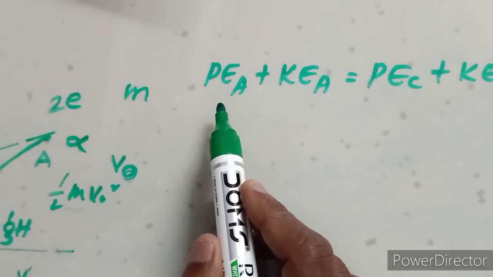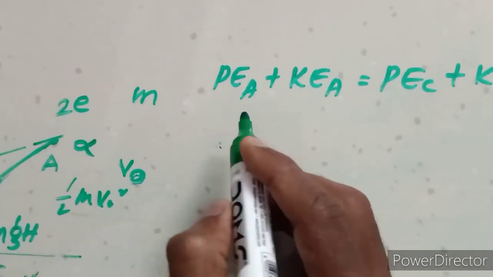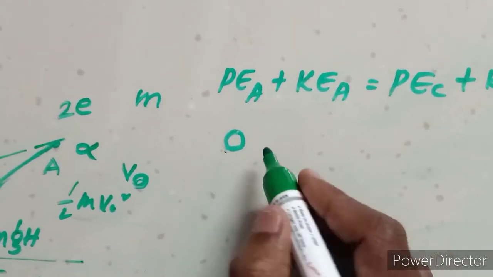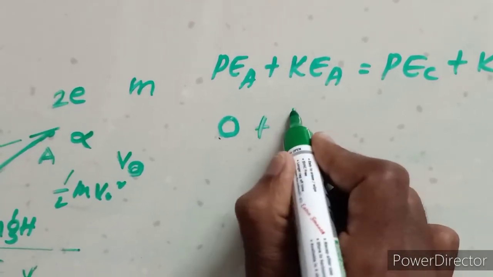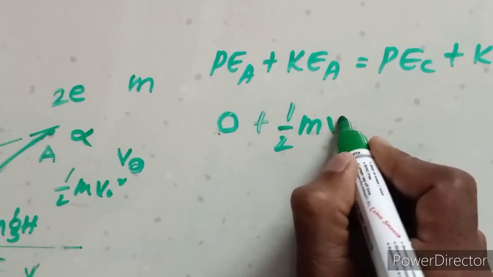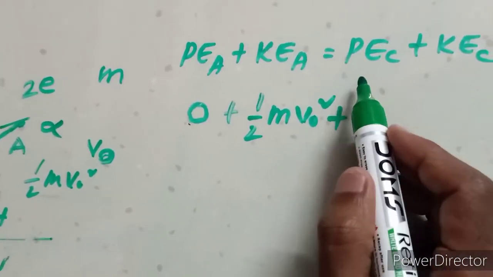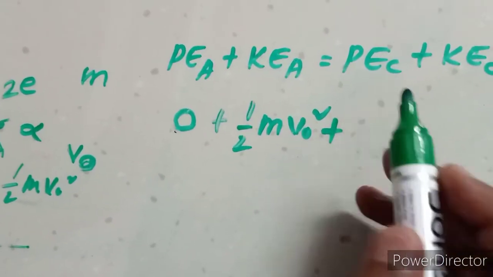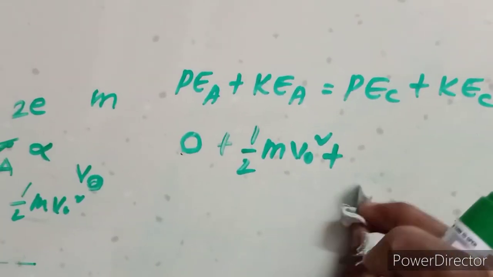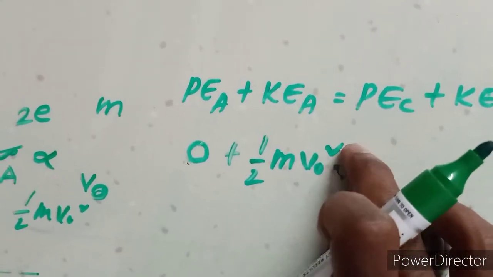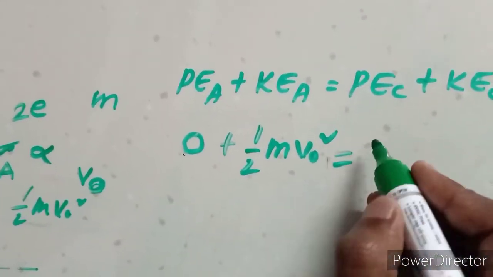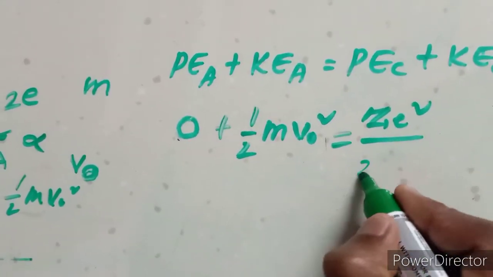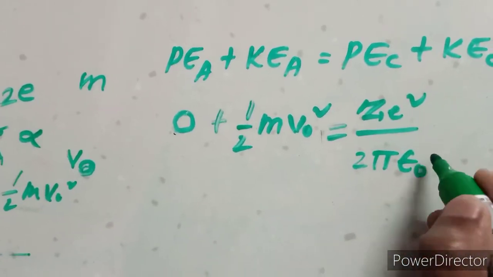The potential energy at A equals 0 because at point A there is no distance. Kinetic energy at A equals half m v naught square. Potential energy at C, we already know, equals Ze square upon 2 pi epsilon naught b.